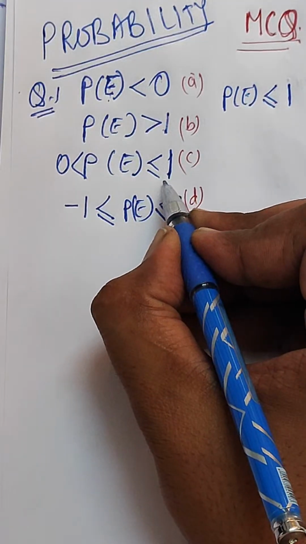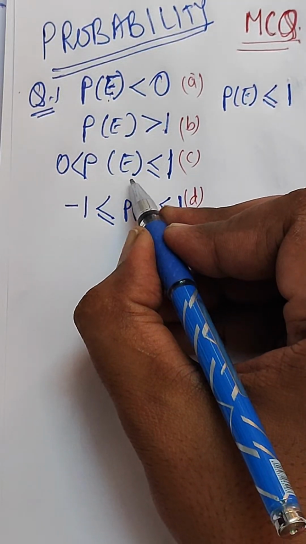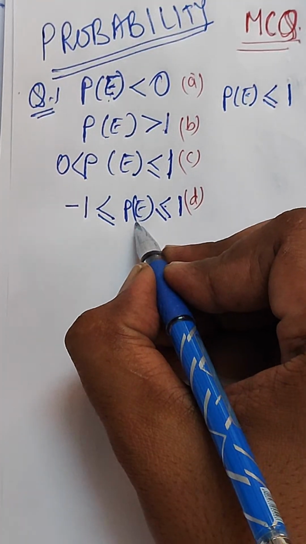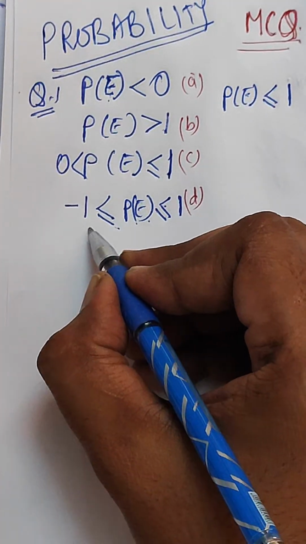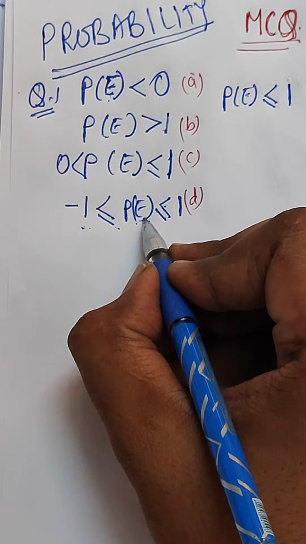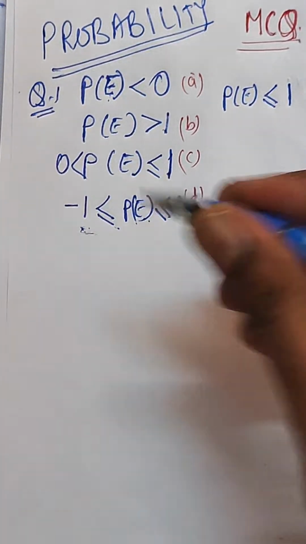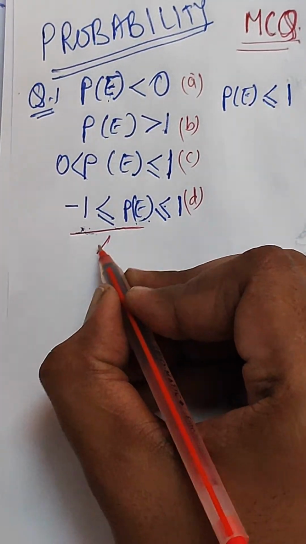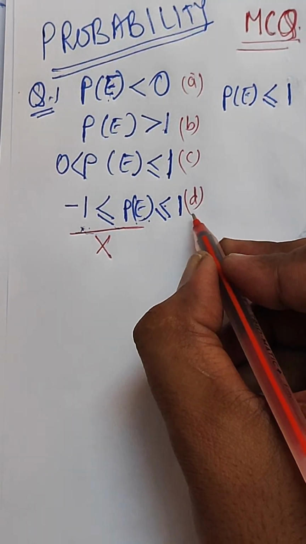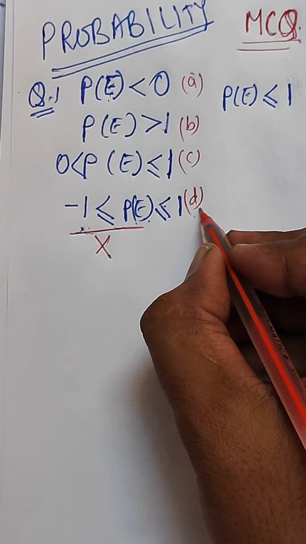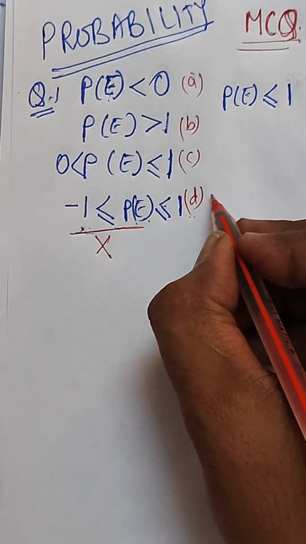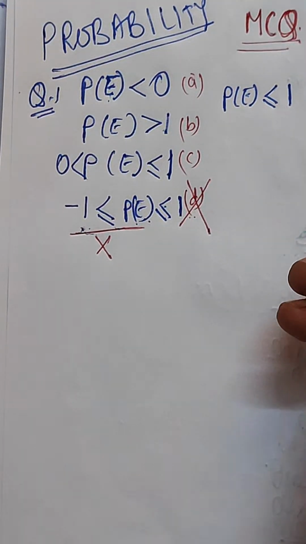This option is correct because this is not available anywhere else except C and D, right? But you can see probability of event is greater than or equal to -1. Probability of any event could not be -1. So we can see this option is not correct, right? So that's why we will be using the elimination method. Then we can see the D option is not correct. So D is wrong, right?